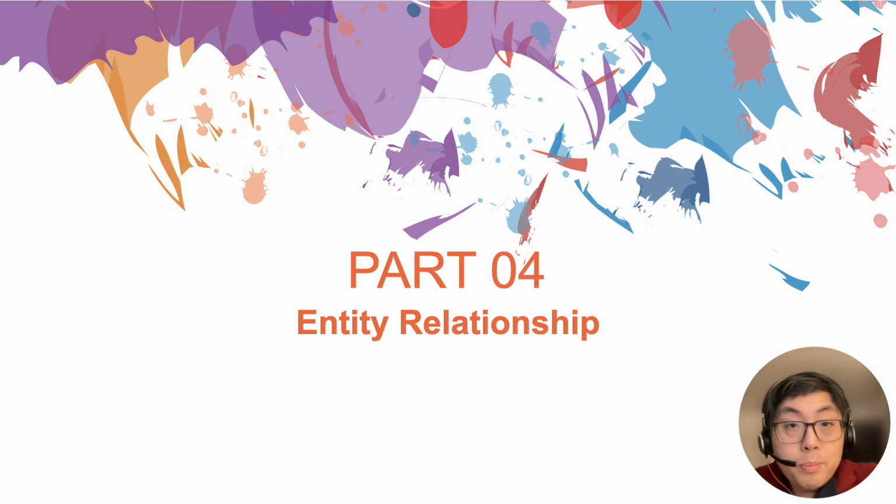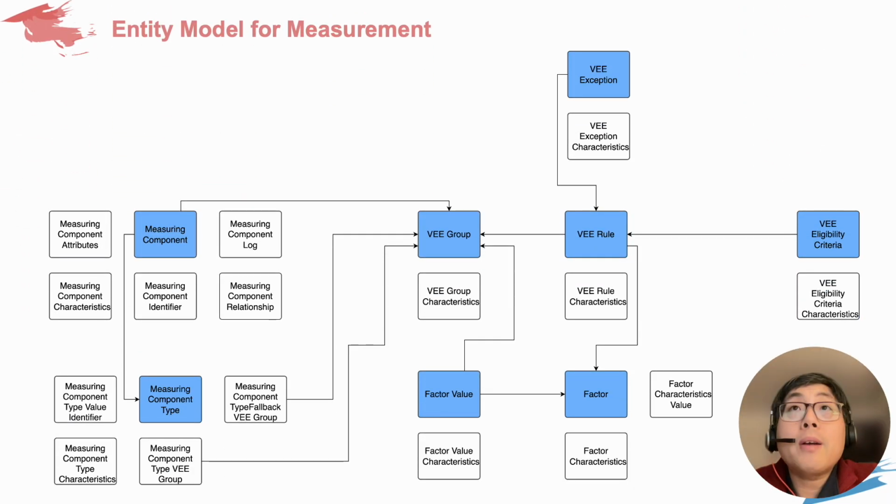Okay, so we briefly talked through the scalar and interval validation and estimation rules. Let's look at the relationship diagram. Over here we can see, as we said, the VE group is set on the measuring component or the measuring component type. The VE rules are part of the group, and VE eligibility criteria can be set on the VE rule.